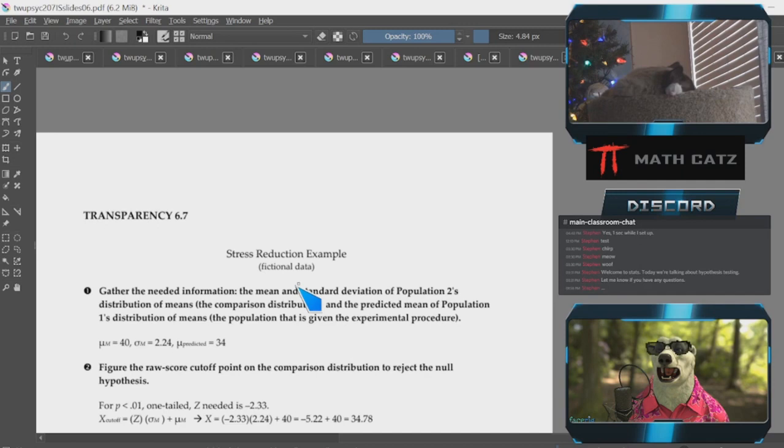So we have in our comparison distribution a mean of 40, standard error of 2.24, and our predicted mean based on a preliminary sample probably is 34. So let's first visualize that.